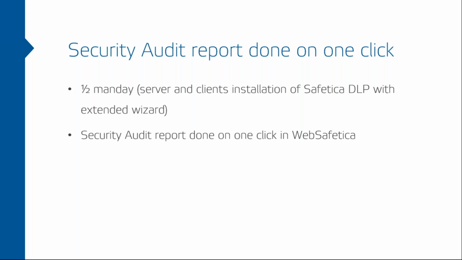All you need to do is just install Safetica on the server and distribute it on clients, which is a couple of hours, and that's it. Creating the report is just one click in WebSafetica, as we will see in a couple of minutes. So this is the major improvement where Safetica will help you save time creating the report.